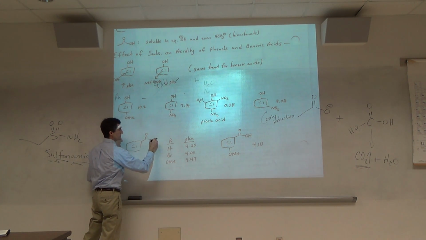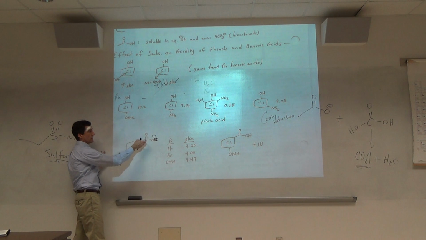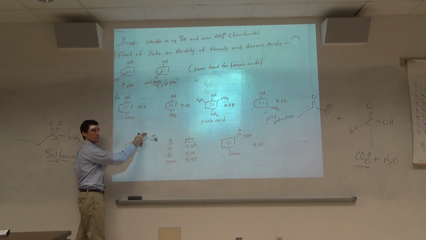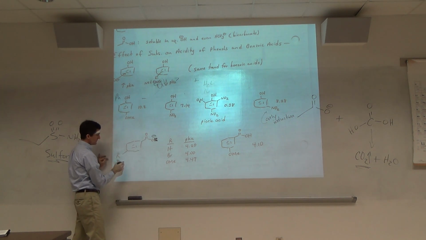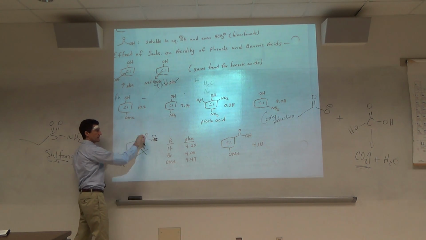First off, we're really considering this here. Now, when you do resonance here, you cannot do resonance into the ring. You can only just do resonance onto the other oxygen. But still, if we have a net withdrawing group, we can still say it pulls and it stabilizes the minus.